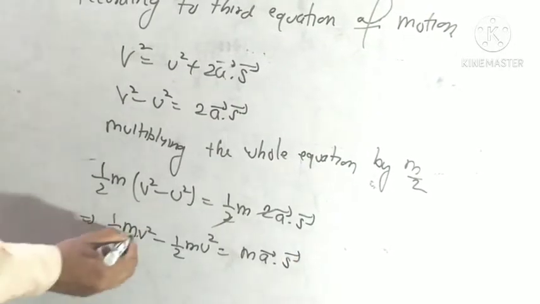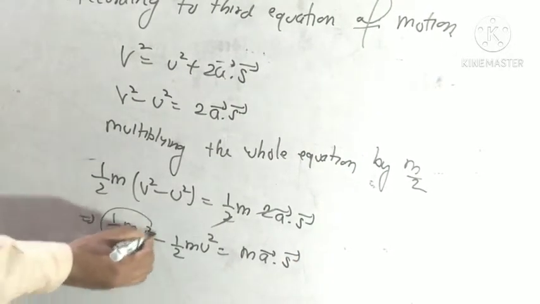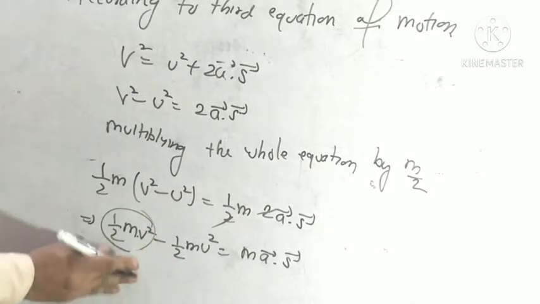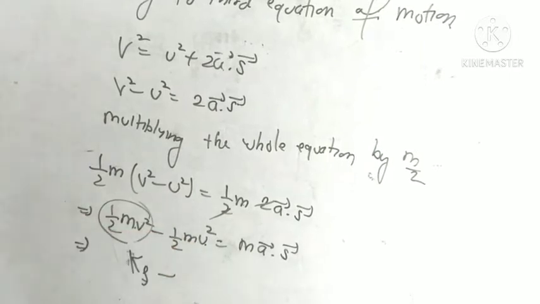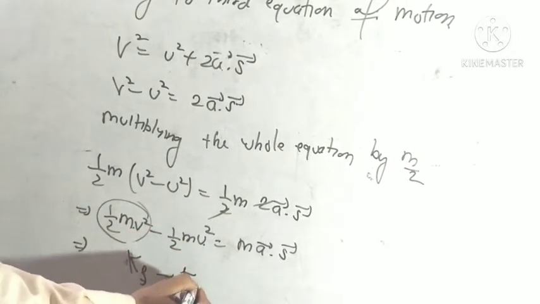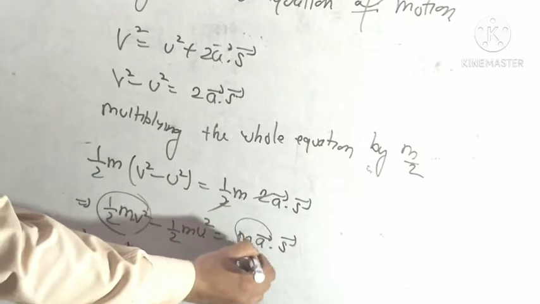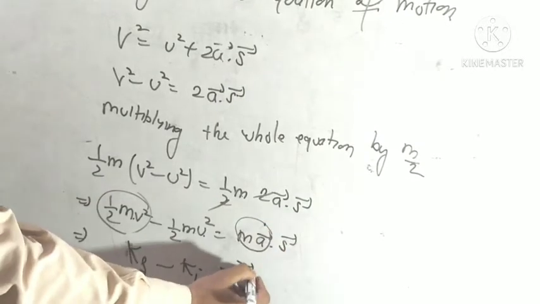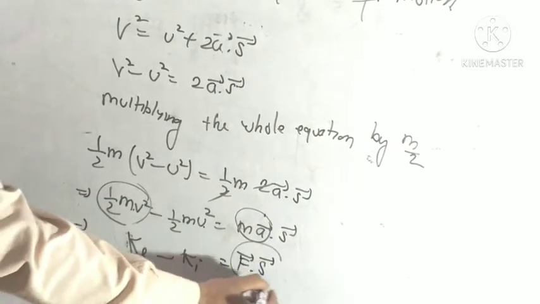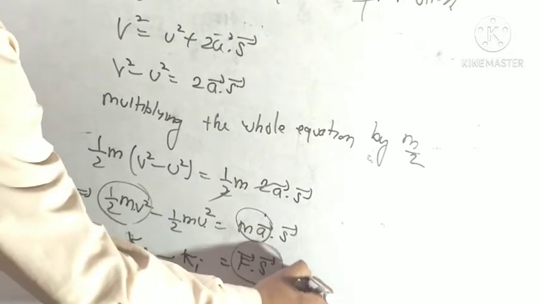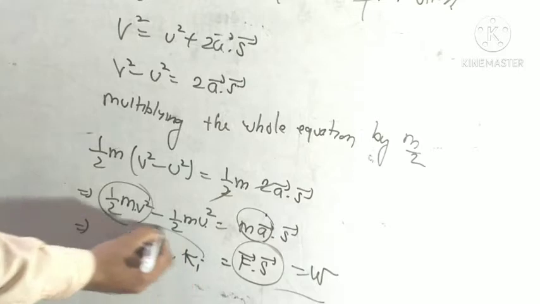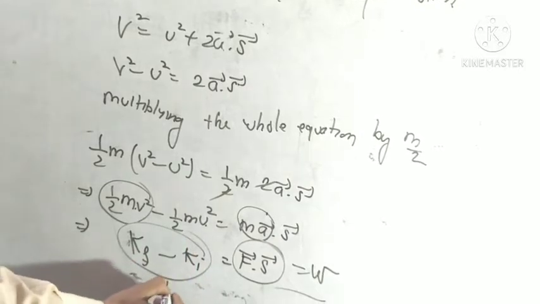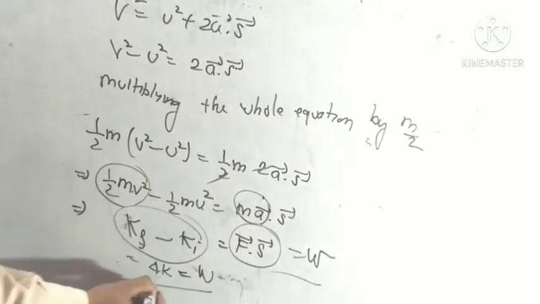So half m v square is the final kinetic energy Kf, and half m u square, where u is the initial velocity, is Ki. So we can write Kf minus Ki is equal to ma, force into displacement, and force into displacement is equal to work. So delta K is equal to work.